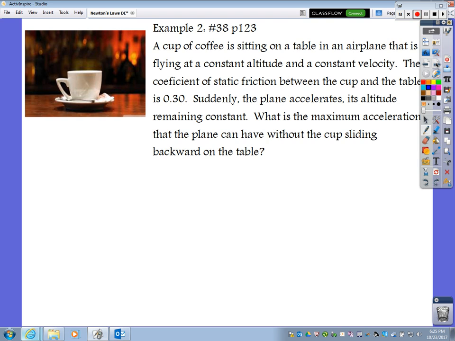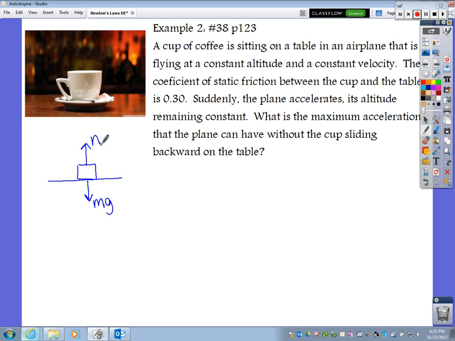So the cup is resting on the table. The forces on the cup, we have gravity, mg, and normal force, N. We also have friction actually pulling the cup with the airplane.